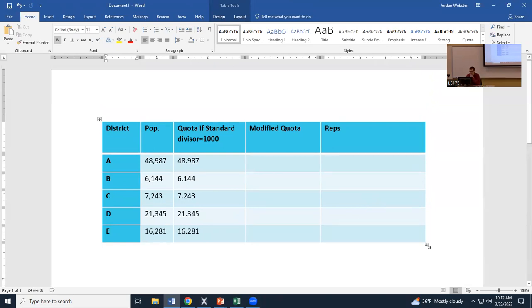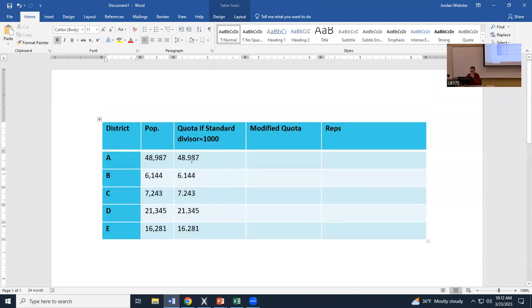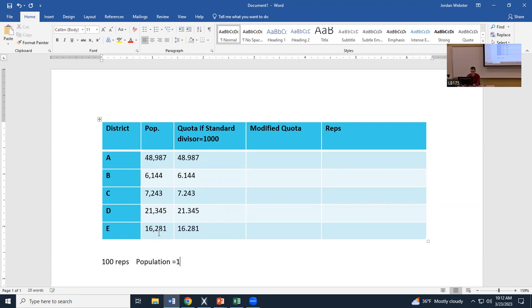So if I want 100 representatives, that means that if you added these populations up, the total population is 100,000.